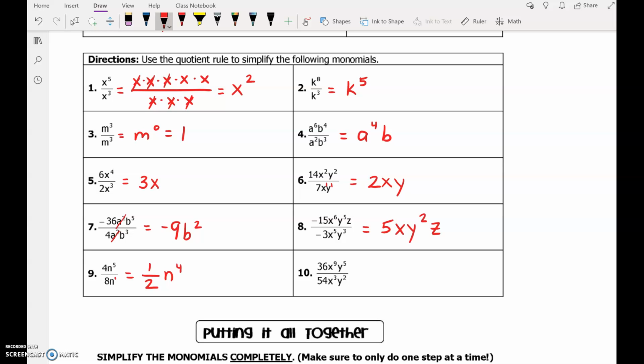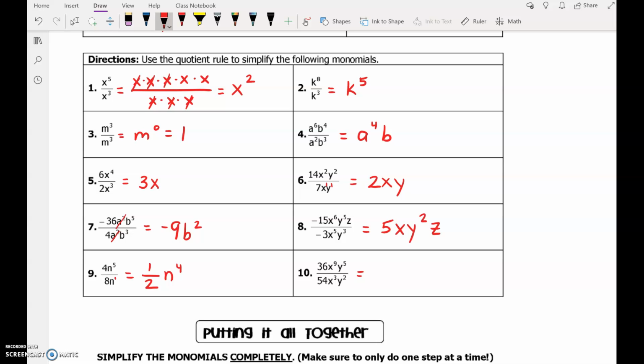Number 10, 36 divided by 54. They are both divisible by 9, and I think even higher, they could also be divided by 18. So that would give you 2/3 for the fraction.